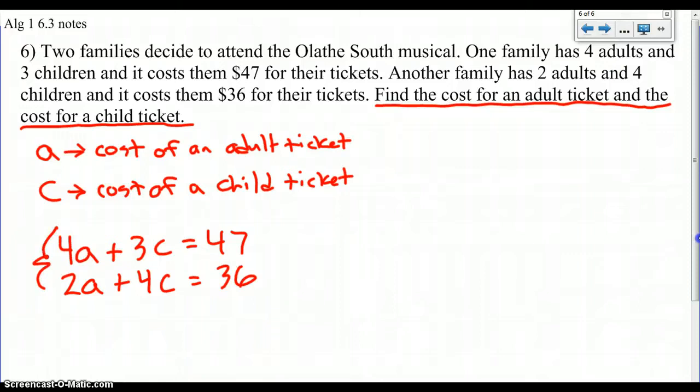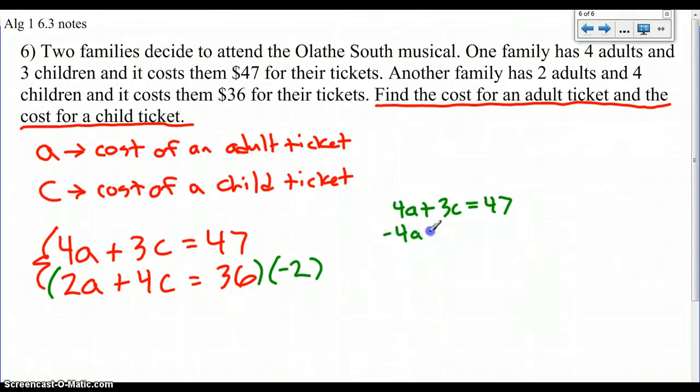All right, let's start working on simplifying this. And I think what I see is the simplest option here is to multiply the second equation by -2. It's probably worth pointing out that this is not the only option, it's just one option. But I'm going to rewrite the first equation, and then I'll have -4a minus 8c equals, and 36 times 2 is 72, and it of course has to be negative.